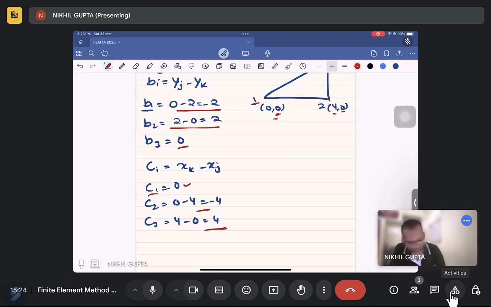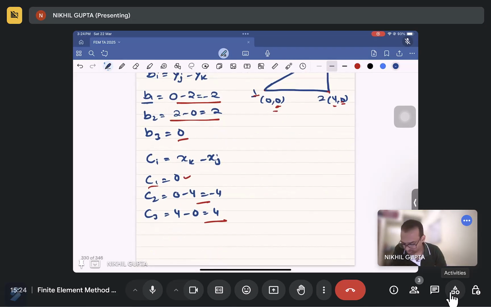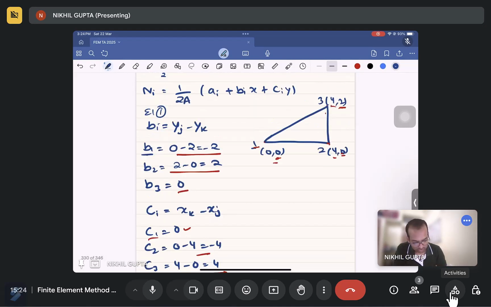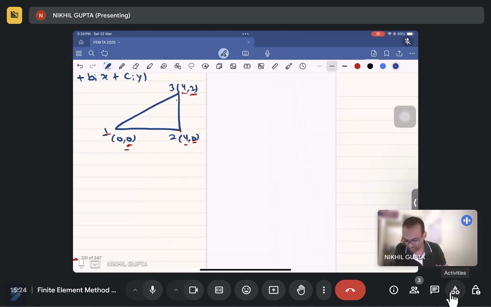Now we'll put the values in the N function. Since we want dN, we can differentiate dN1 by dx. We can remove this Ai term, and we get 1 by 2A into bi for x. So we can directly put the values there.